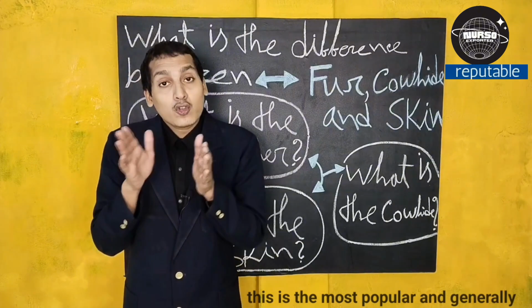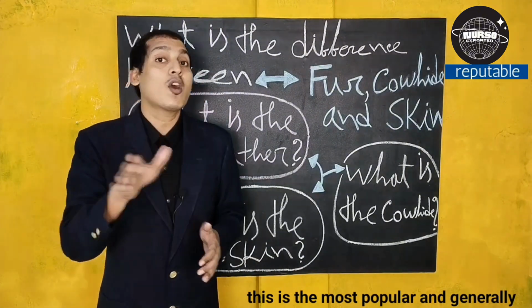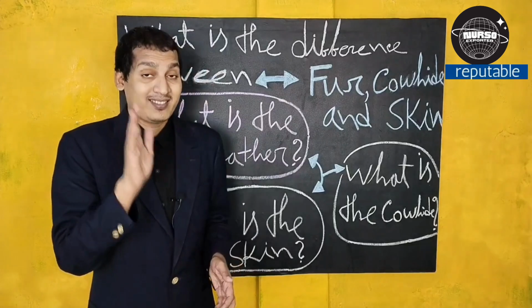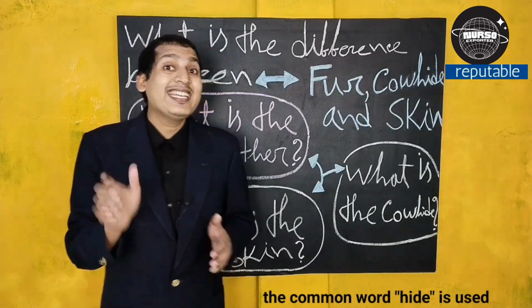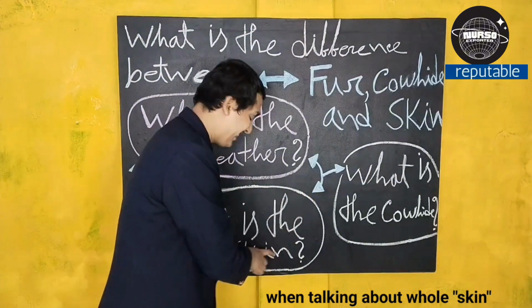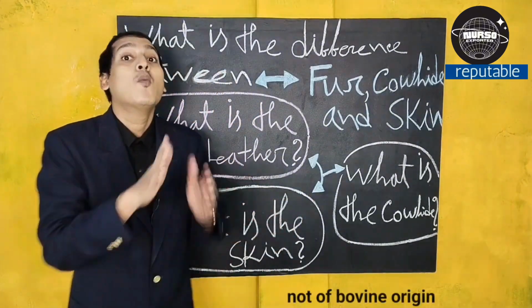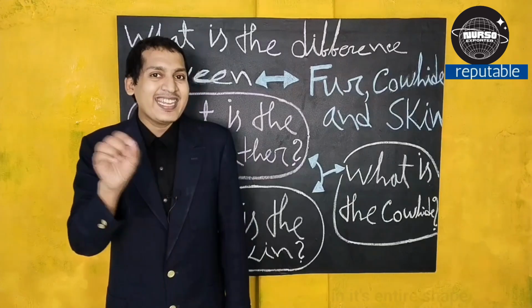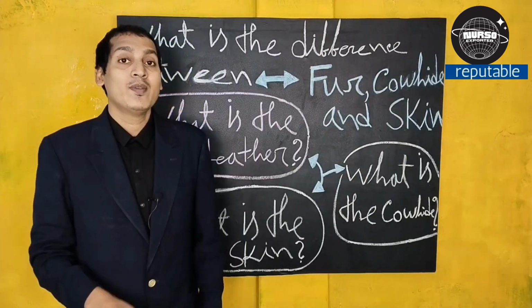This is the most popular and generally one of the cheapest kinds of leather. The common word hide is used when talking about whole skin, not of bovine origin, to denote the skin of each animal in its entire shape.